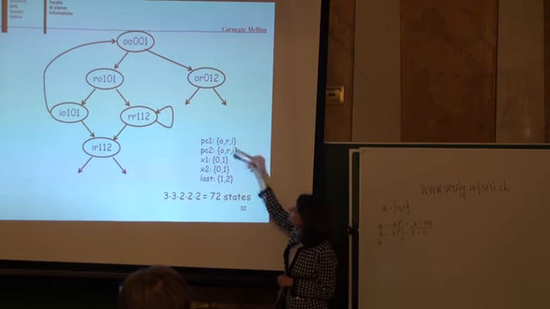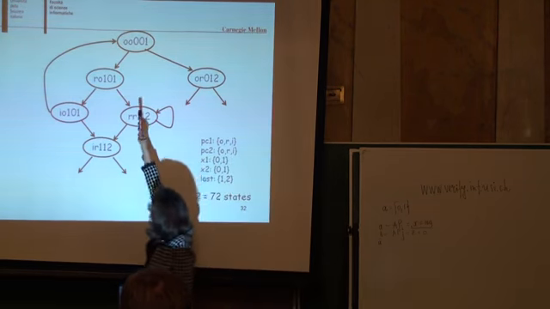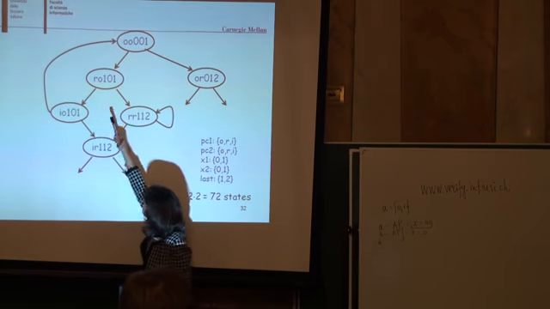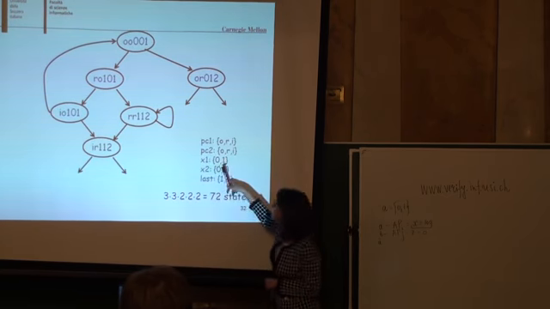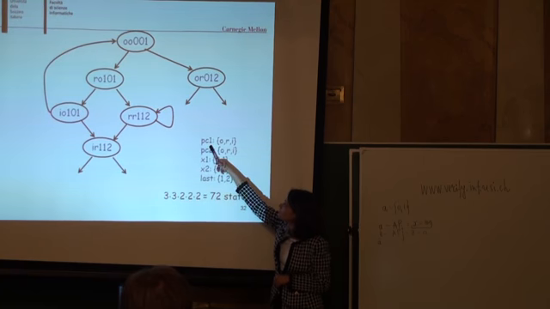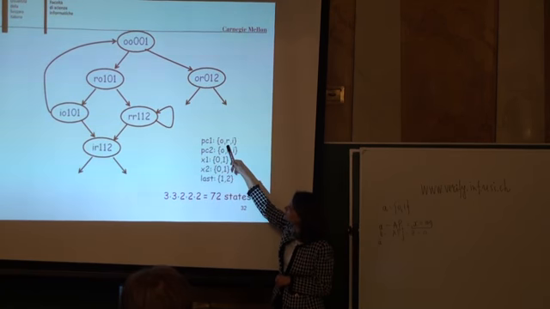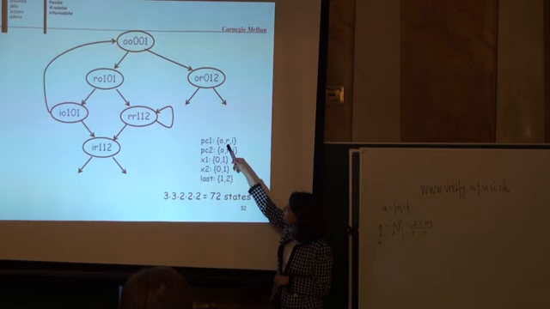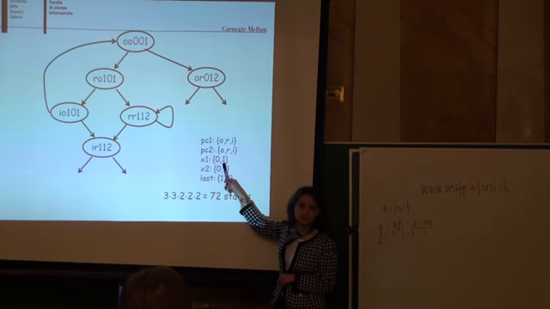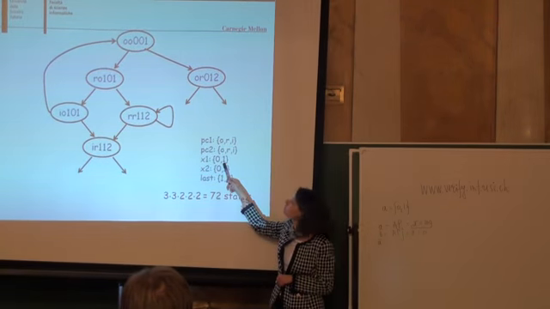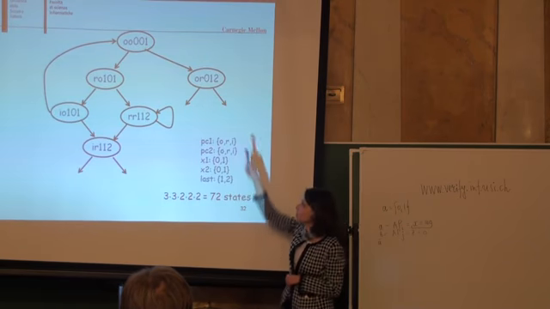For example, on this transition here, you see where I'm pointing? What changed? Program counter 1 changed to request, and x1 changed to 1, right? The rest remains the same, and so on.